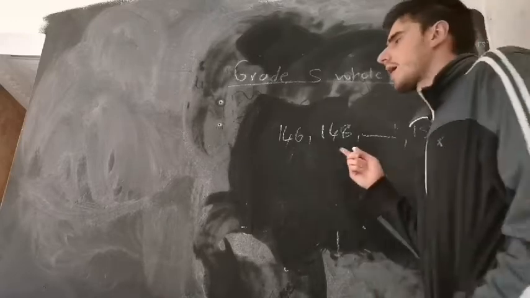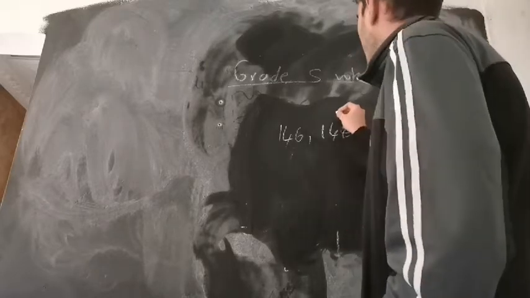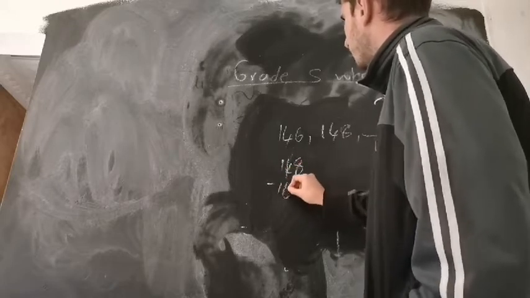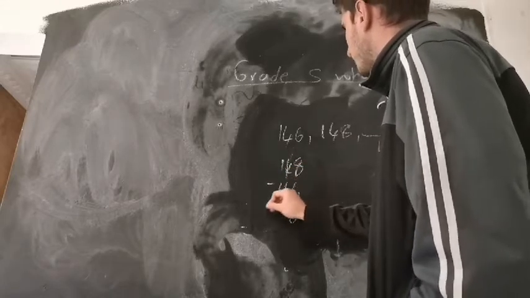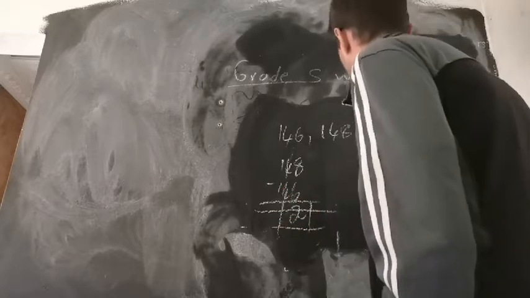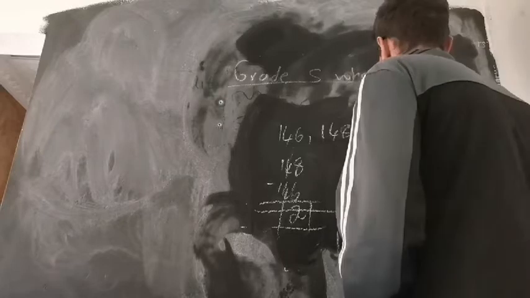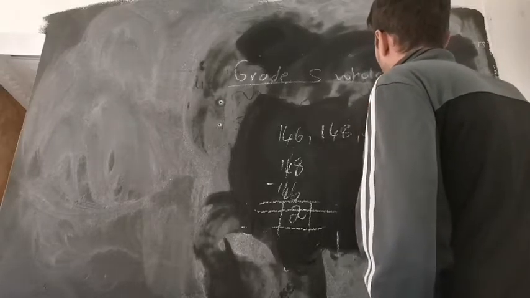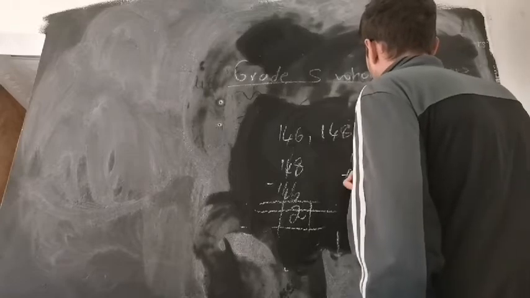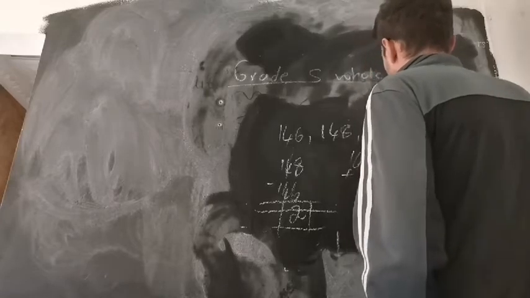Now, first of all, how number patterns work is, I'm going to take my bigger one, which is 148, and I'm going to minus it with 146. That should give me a difference of 2. Meaning that to get our number here, we just add 148 plus 2, that gives me 150.